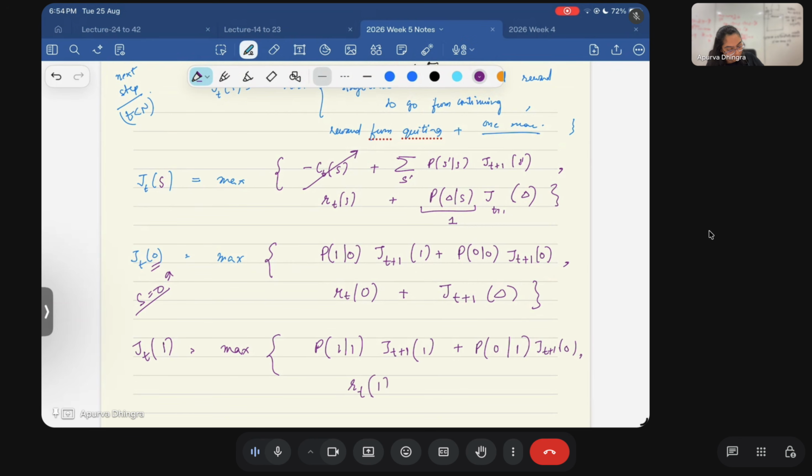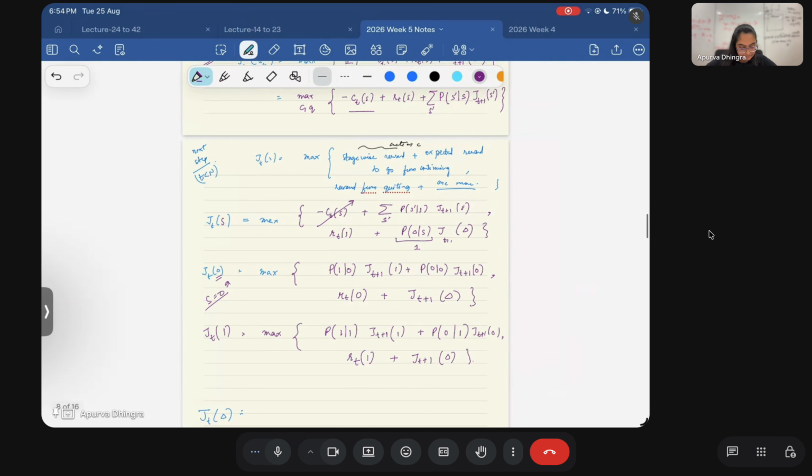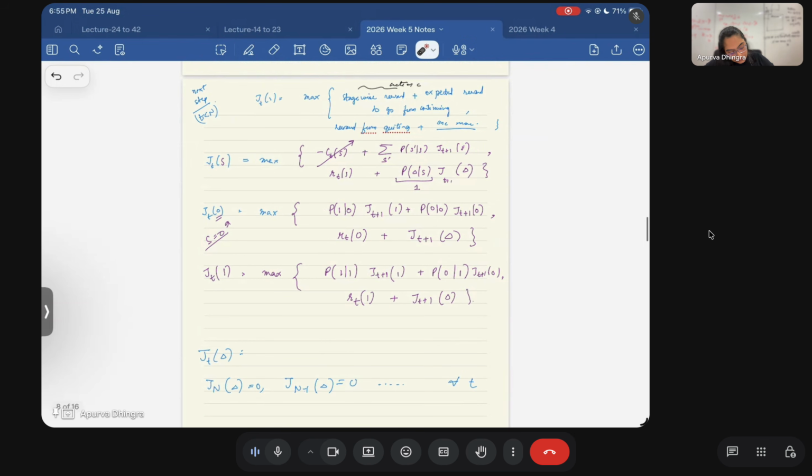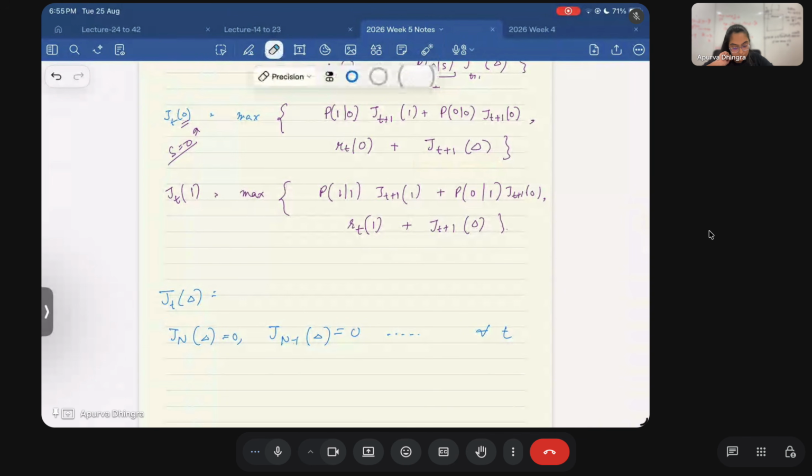And this is R t of 1 plus J t plus 1 of delta. So remember, we know these probabilities, and we also know what these two are. But let's focus on this before we focus on the other objects. Before we can write that, let's just focus on these two. So to be able to focus on this, see, what is this?